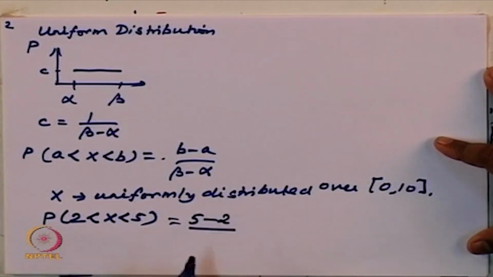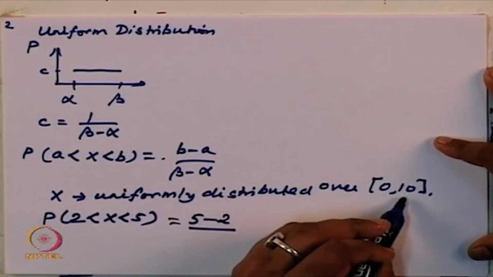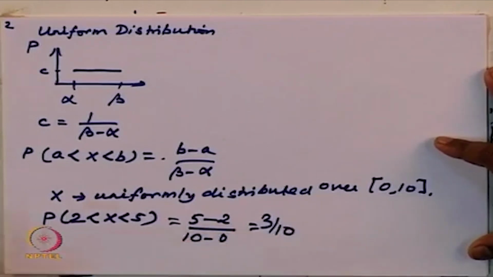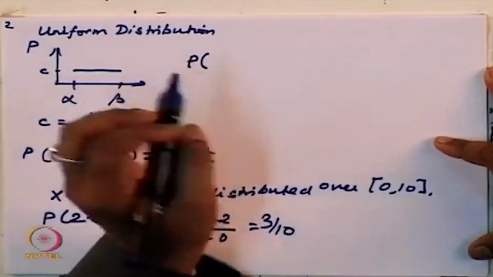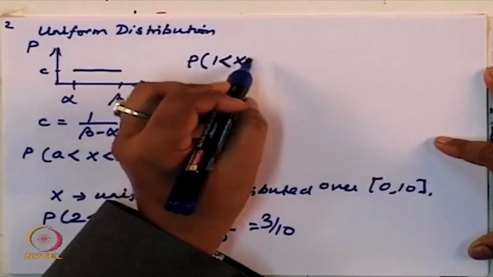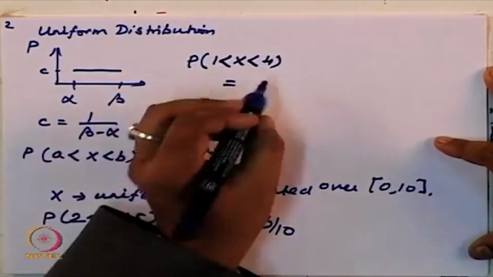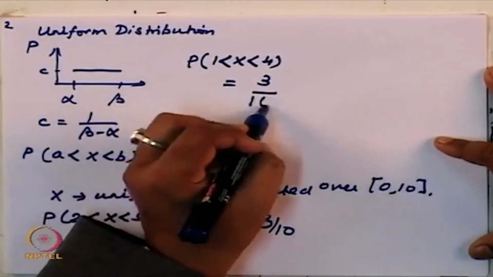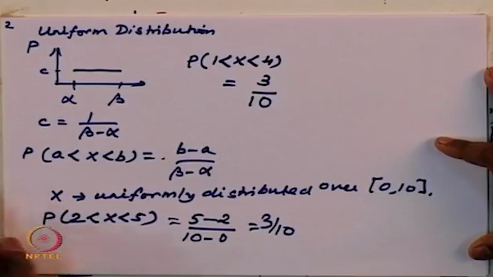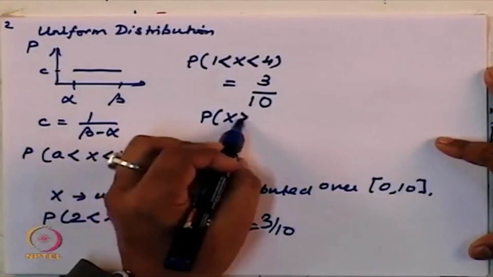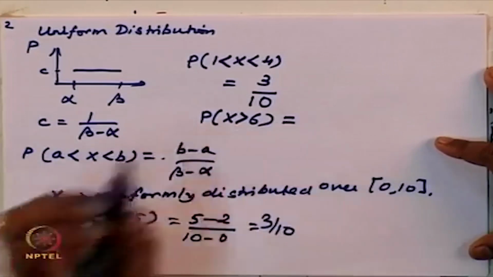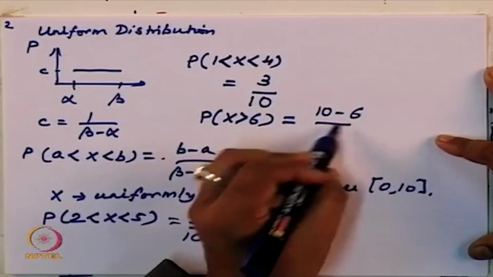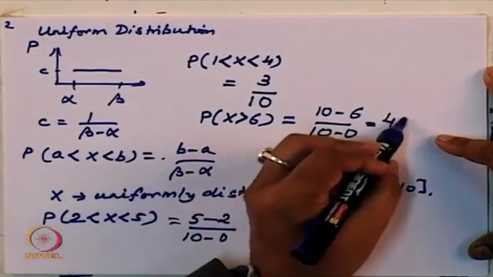So, this probability is 5 minus 2, over beta minus alpha, where beta is 10 and alpha is 0, so it is 3/10. Similarly, the probability of 1 less than x less than 4 will return the same value, 3/10. What is the probability of x greater than 6? Since you can go from 6 to 10, it would be 10 minus 6 by 10 minus 0, which is 4/10.